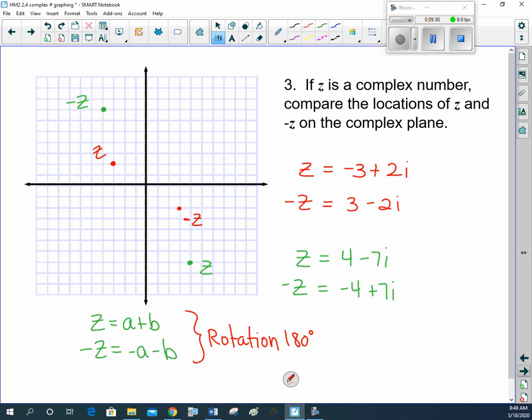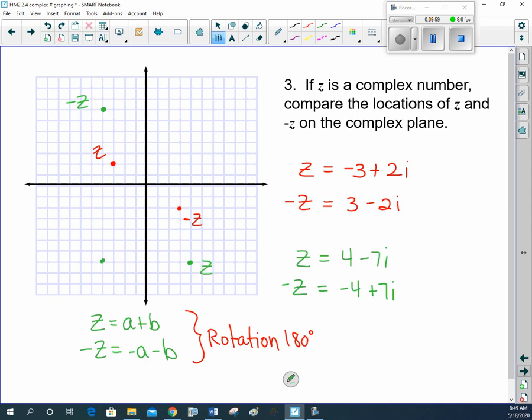So you could take this Z right here and reflect it over here to here, and then you would reflect again. So that would be reflecting over the imaginary axis.